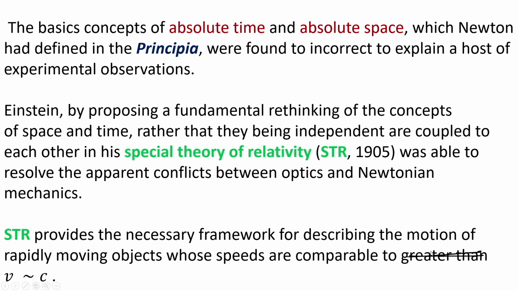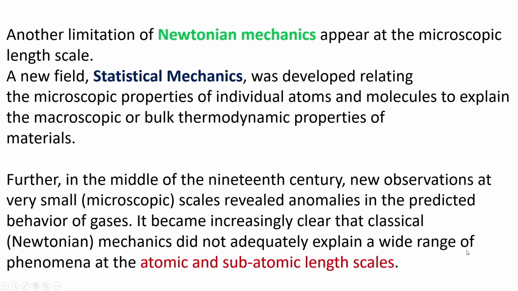So, v is always less than c, as I said, but it cannot be more than c. Here, comparable means greater than say 0.1 c or something like that. Then the special theory of relativity comes into the picture, and it is very important for it to be taken into account.